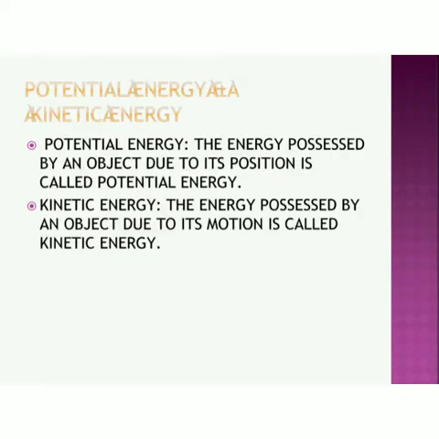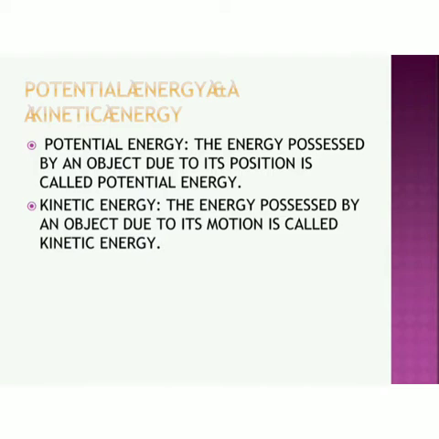First, potential energy. What is potential energy? The energy possessed by an object due to its position is called potential energy. It is denoted by the letter PE or EP. So simply, potential energy means PE. Keep it in mind.